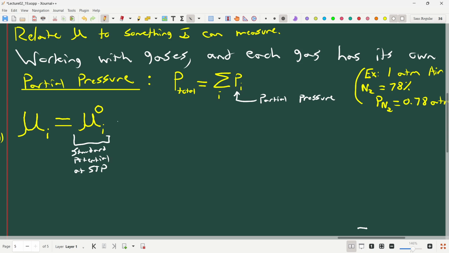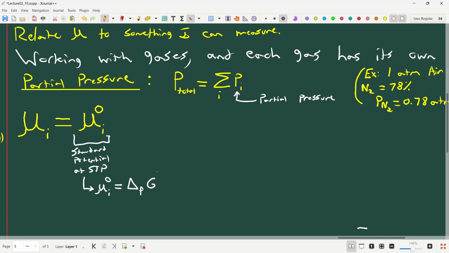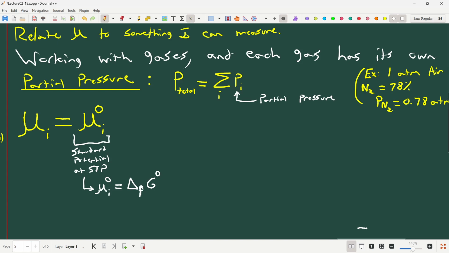And we will show eventually that mu_i is equal to the Gibbs energy of formation of that material. So that's the formation Gibbs energy.